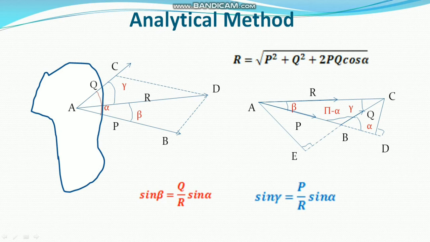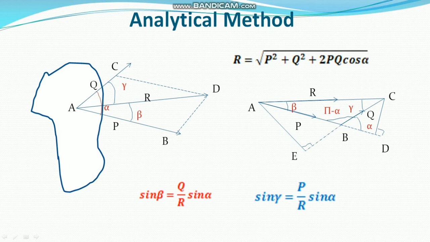So P sin alpha is AE. Similarly, in the AEC triangle, R sin gamma is AE. If you equate each other, you can find out sin gamma is equal to P by R sin alpha.